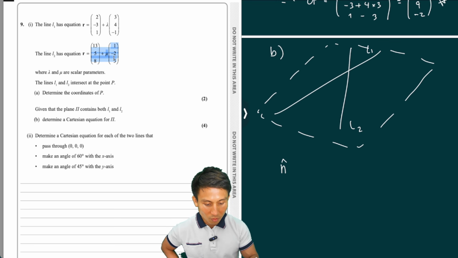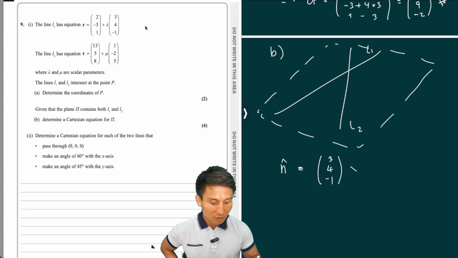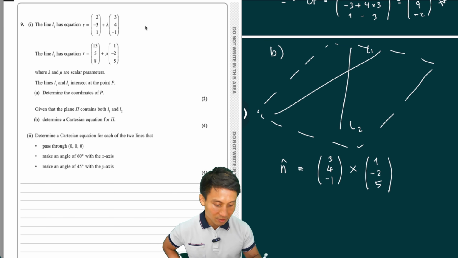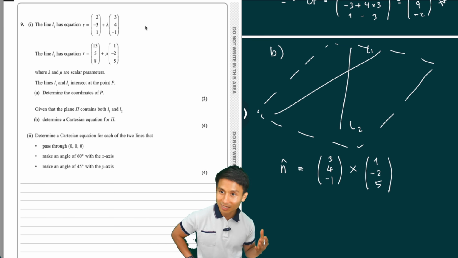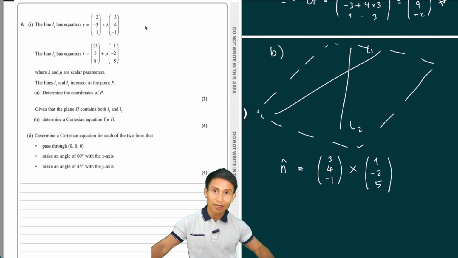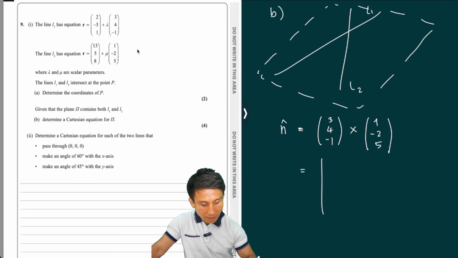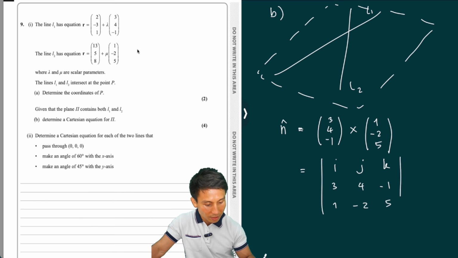So we can find the normal vector just by doing 3, 4, minus 1, the direction vector of the line L1, cross product with 1, minus 2, 5, which is the direction vector of the other line. We're going to get the normal vector n of the plane. So that's going to be done by i, j, k, the determinant of 3, 4, minus 1, and 1, minus 2, 5, like that, okay?